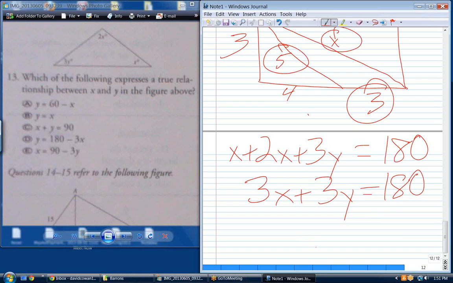Okay, now what? Well, you either have to solve for x or y. Some of these answers are in y, some of them are in x. Let's try solving for y. Yeah, because there are 3 of those. Minus 3x, and then y is equal to 180 minus 3x, divided by 3.